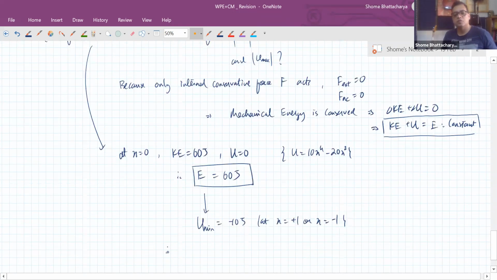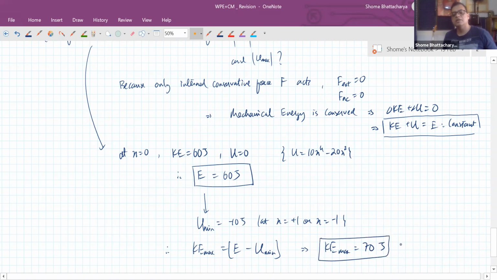So therefore, maximum kinetic energy will be equal to the total mechanical energy minus the minimum potential energy. So the maximum kinetic energy the particle will have will be 70 joules when it is either at x equal to 1 meter or x equal to -1 meter.